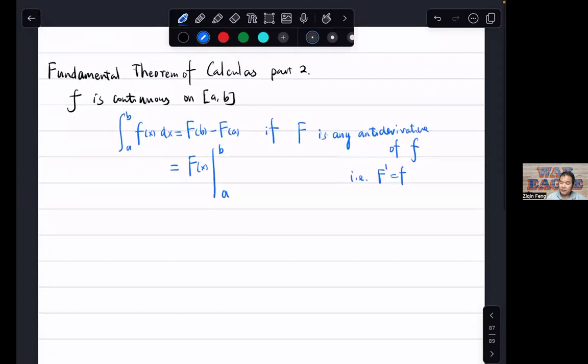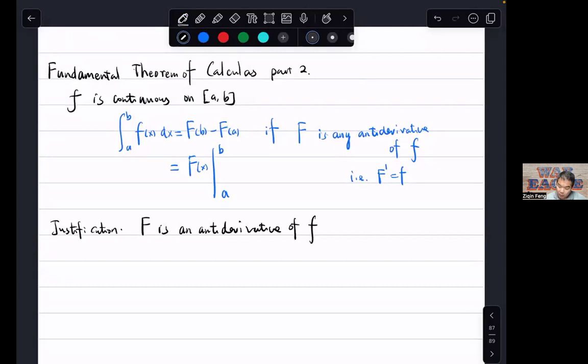So let's try to justify that. Why is it true? For sure, this is implied by part one of the fundamental theorem of calculus. So we know that F here is an antiderivative of f.